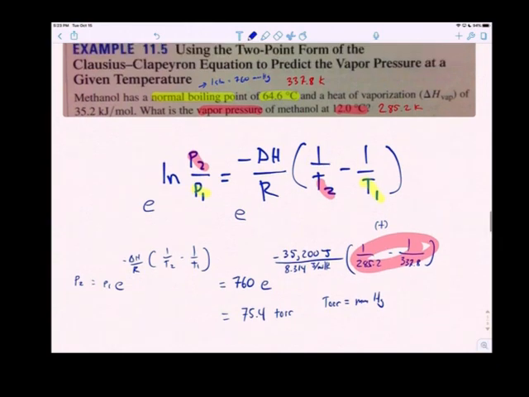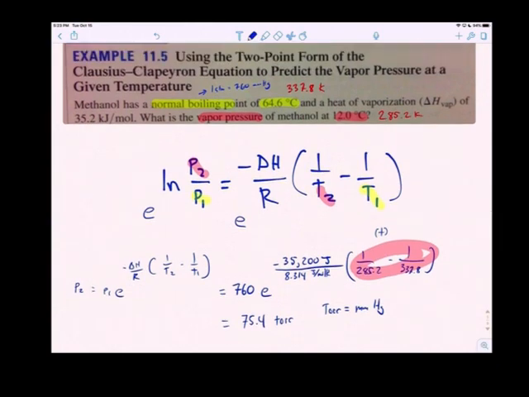Okay, so recap with this one. We're going to use the Clausius-Clapeyron two-point equation to solve for the vapor pressure at a different temperature, knowing the normal boiling point. Normal boiling point means what something boils at 1 atmosphere of pressure. And 1 atmosphere of pressure is 760 millimeters of mercury.